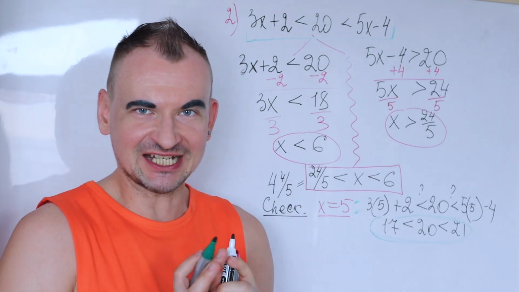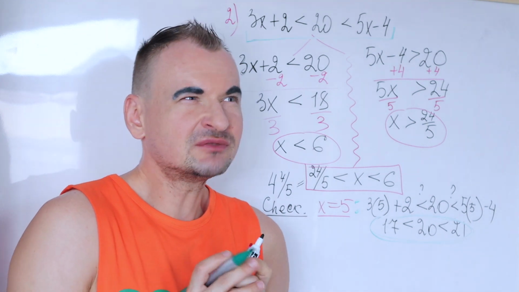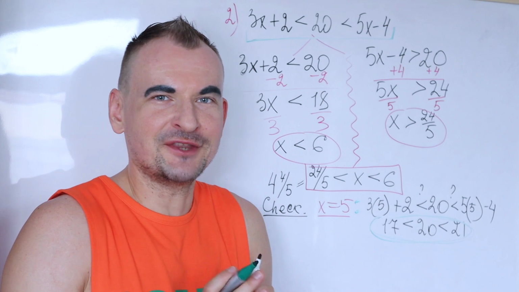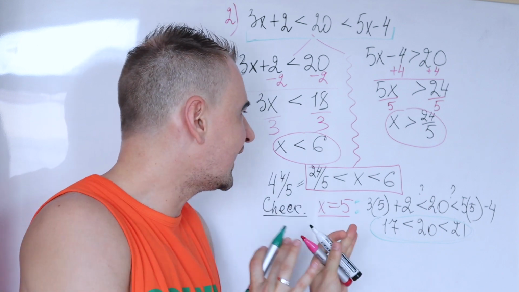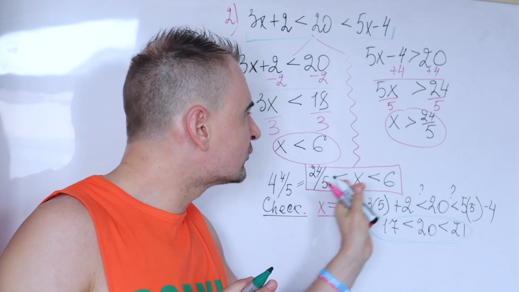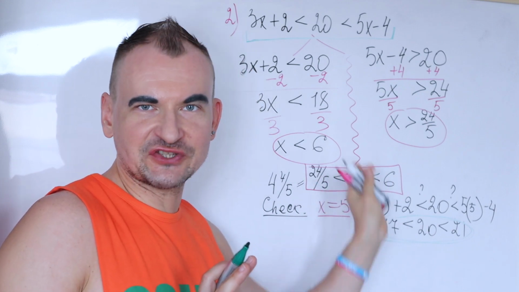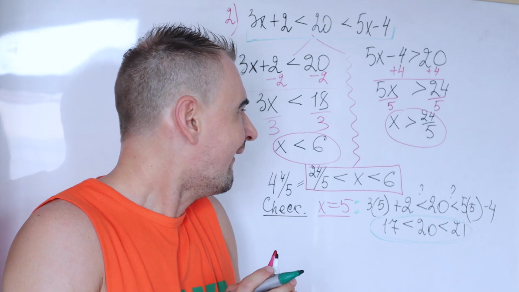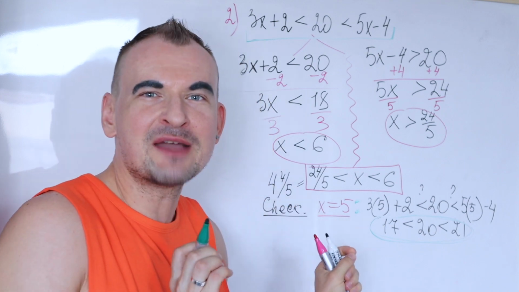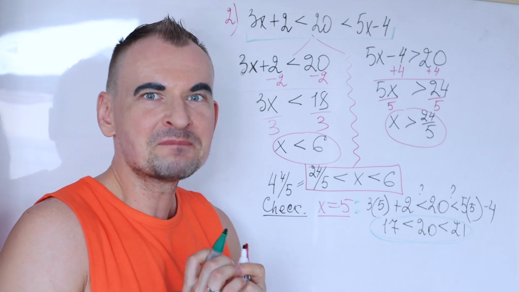So it does work, just to be sure that we got the correct answer. Except for 5, you could pick other numbers and also do this check, but 5 is a whole number. That's why I went for 5.